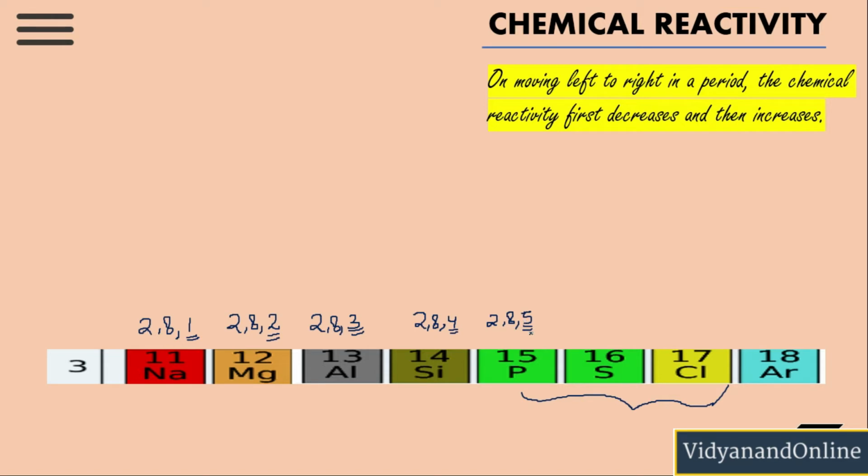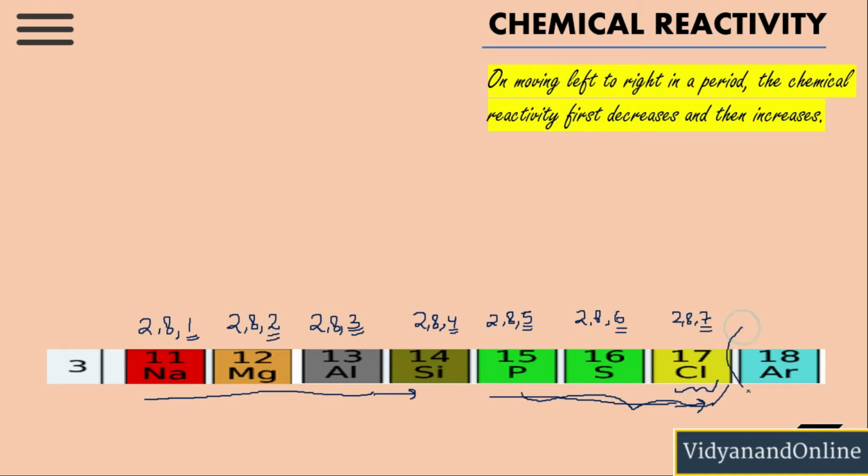That is why it is less reactive than sulfur or chlorine, because sulfur has to take only 2 electrons in order to become stable and chlorine has to accept only 1 electron in order to become stable, and that is why chlorine is highly reactive, right? So therefore we can say that the chemical reactivity first decreases and then it increases till chlorine.